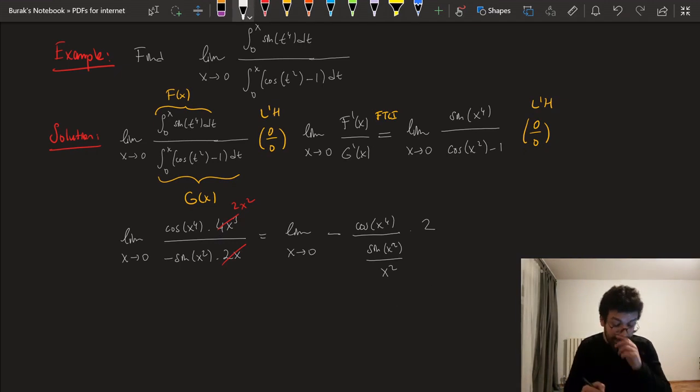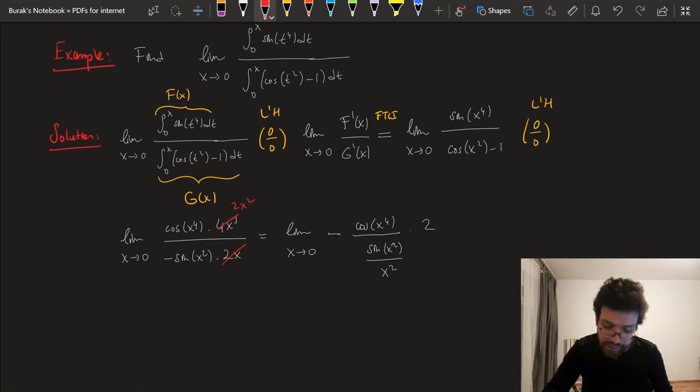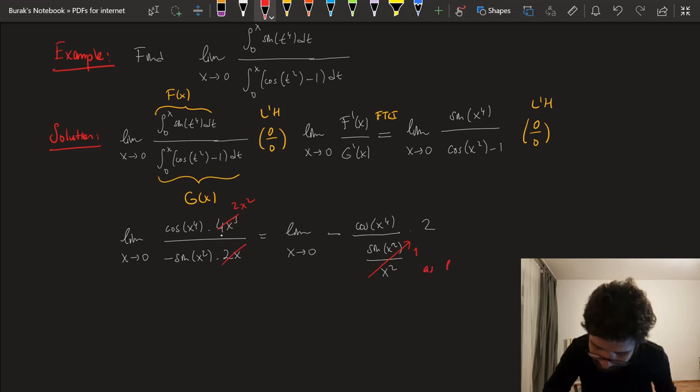Now, why did I write it like this? Because you know that when x goes to 0, x squared goes to 0. So you have sine of t divided by t here, t goes to 0, so this is going to go to 1, as the limit of sine t divided by t when t goes to 0 is 1.